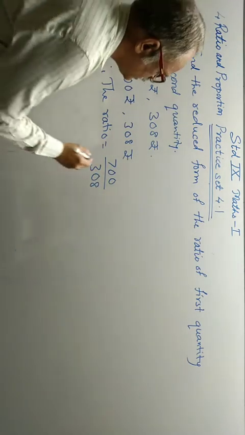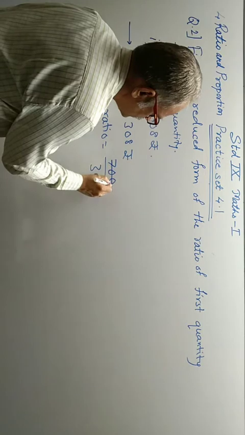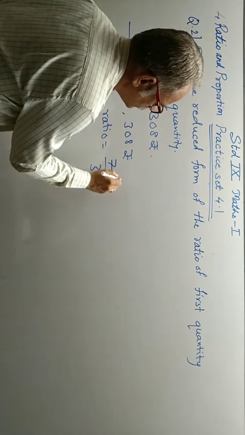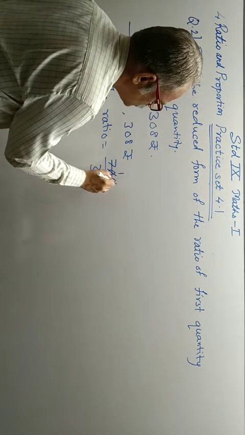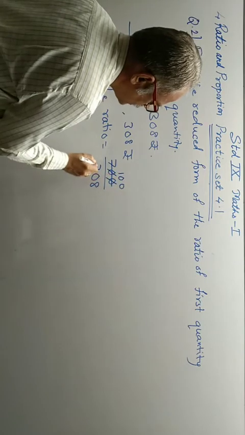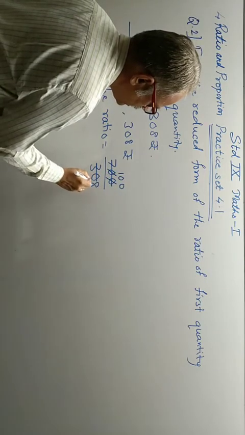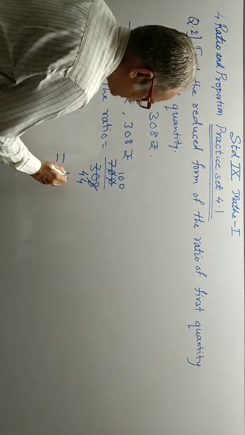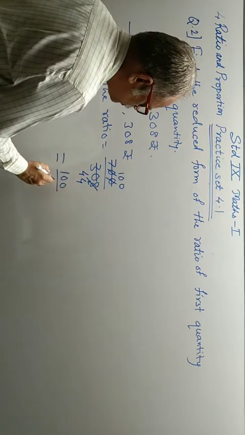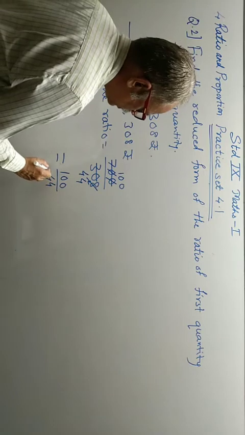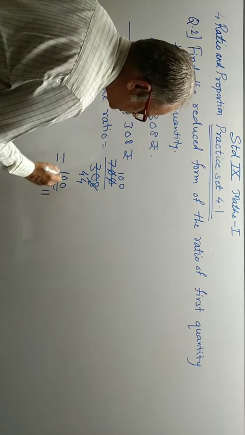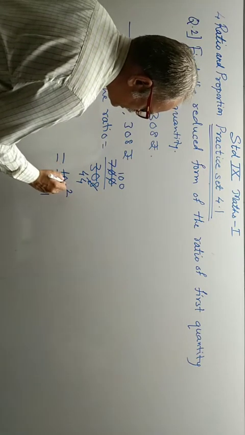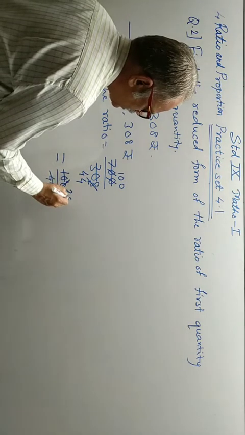Cancel by 7. 7 1s are 7 and these 2 zeros up. 7 4s are 28, 2 remain. 7 4s are 28. 100/44, both are divisible by 4. 4 1s are 4, 4 2s are 8, 2 remain. 4 5s are 20.